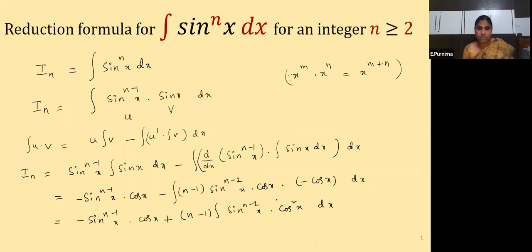Now let me write this step again. In is equal to minus sine to the power of n minus 1 x into cos x plus n minus 1 into integral sine to the power of n minus 2 x into cos square x dx.